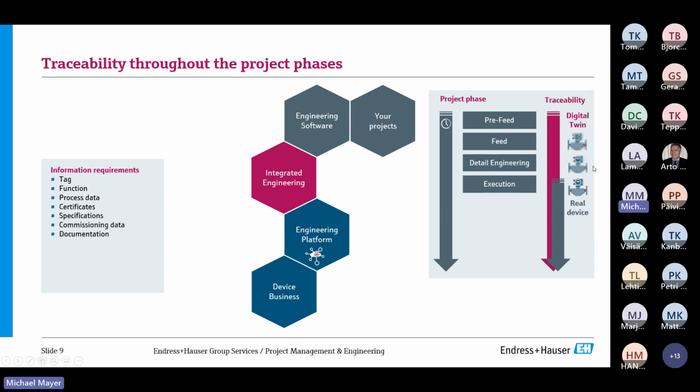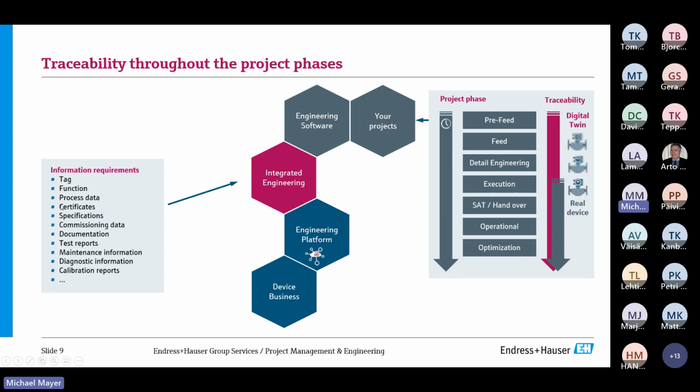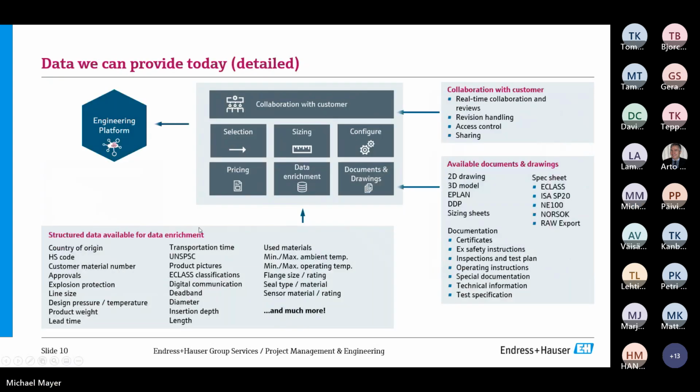So we are, of course, able then to provide documentation, device documentation, manufacturing information, and so on, calibration information when it's manufactured, and so on and so on. So we enrich the data here. So it's a cycle between the software and our engineering platform to exchange and enrich information.